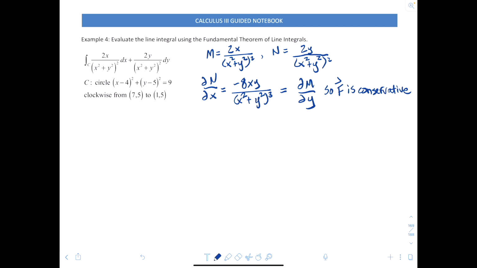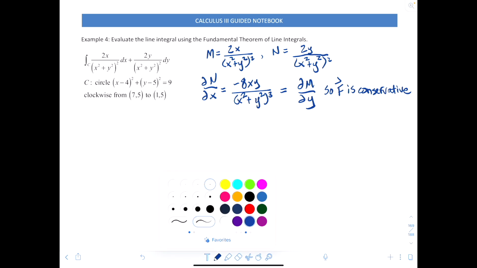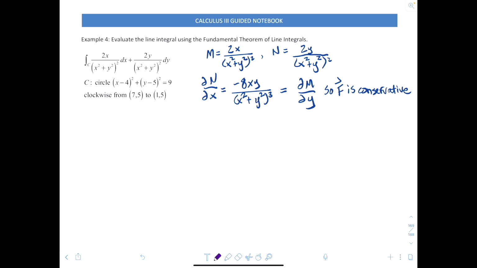All right. So here we go. Let's see what we've got going on. Well, actually, we already have M and N, right? So let's do it.